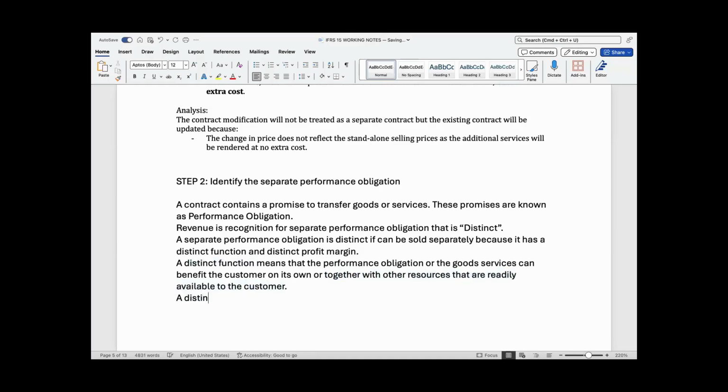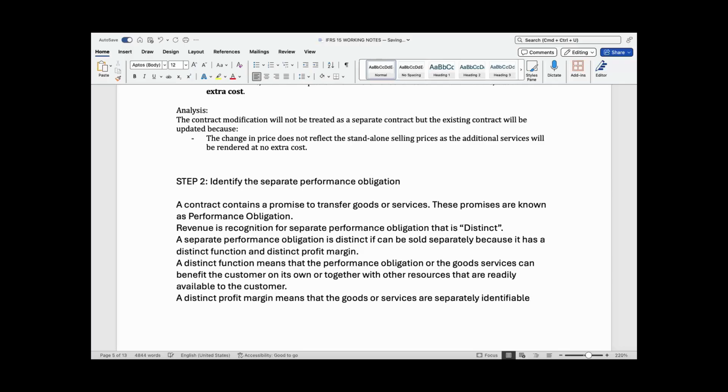And a distinct profit margin means that the goods or services are separately identifiable.